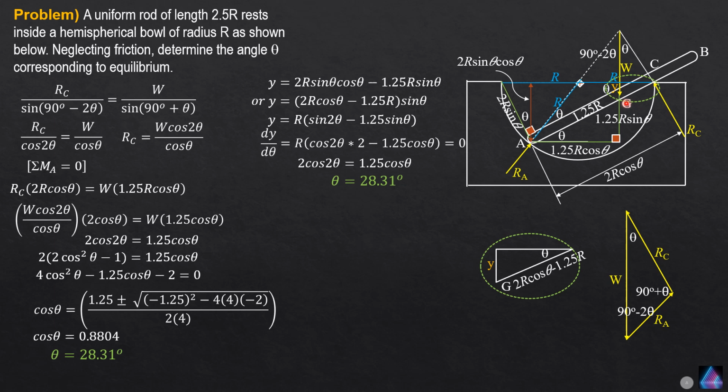Likewise, the vertical leg from the center of gravity to this foot of the perpendicular is hypotenuse 1.25 r times sine of theta. Then from geometry, if we have a point on the circular arc, then we draw chords to the ends of the diameter.